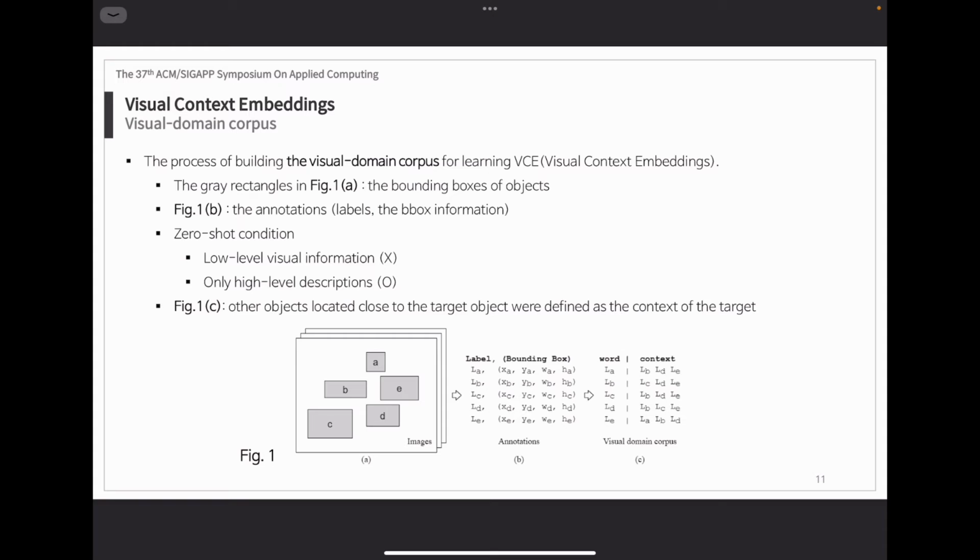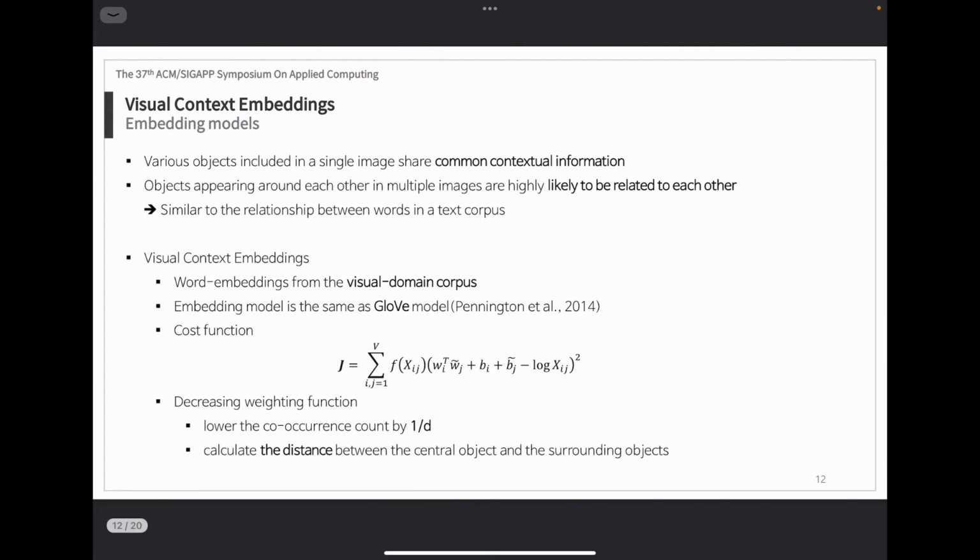Based on the bounding box information of an image, other objects located close to the target object were defined as the context of the target, as shown in Figure 1c. It is intuitively acceptable that various objects included in a single image share common contextual information, and objects appearing around each other in multiple images are highly likely to be related to each other.